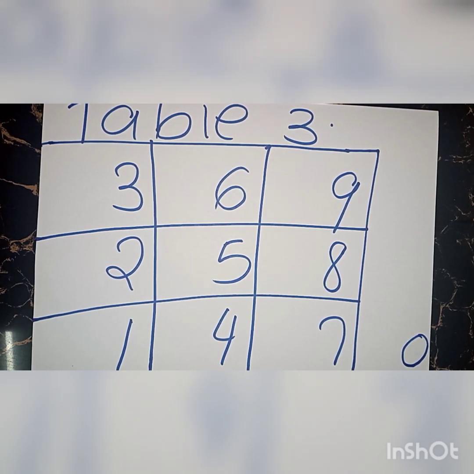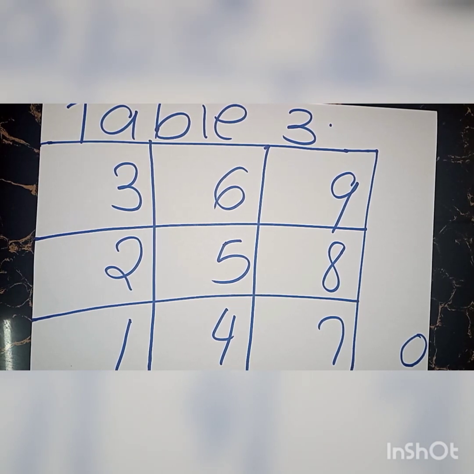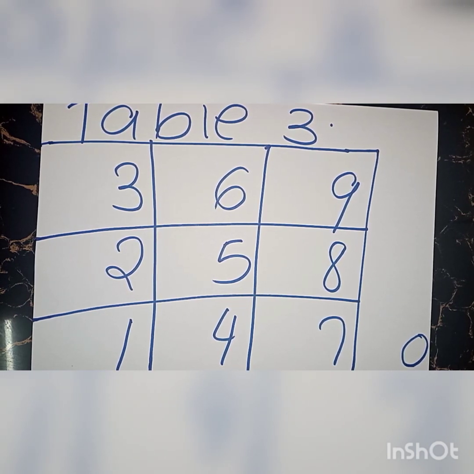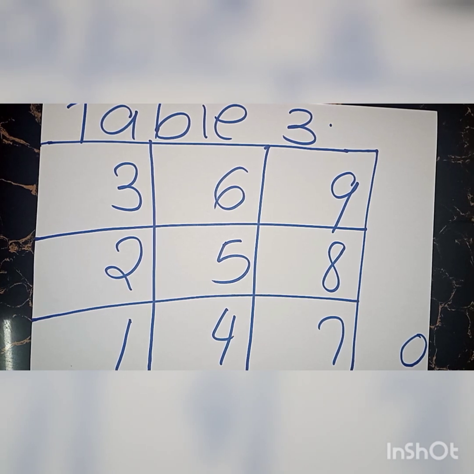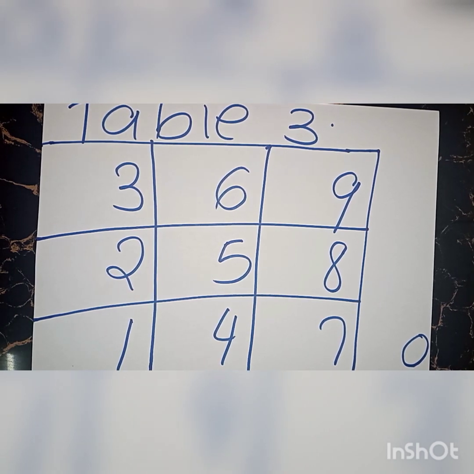By the way, I hope you still remember what we said about number places. If it doesn't ring a bell, I'll leave the link of the place value of whole numbers in the description box below. Let's now go to the digits in the tens place. For the digits in the tens place, we use kind of the same concept that we used in table 2.